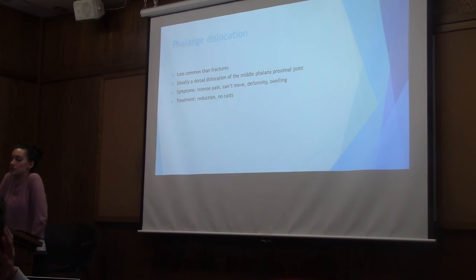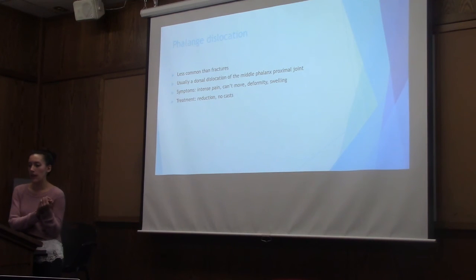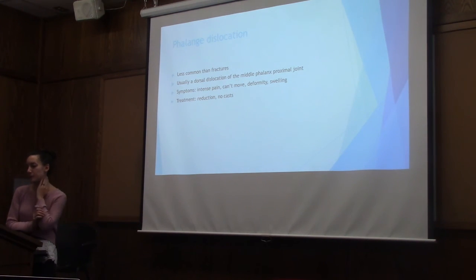Phalange dislocation. This is less common than fractures, but it usually occurs with a fracture. It's usually a dorsal dislocation of the middle phalanx proximal joint. Dorsal dislocation means it's pushed up. Symptoms: intense pain, you can't move it, obvious deformity, and there's going to be swelling.